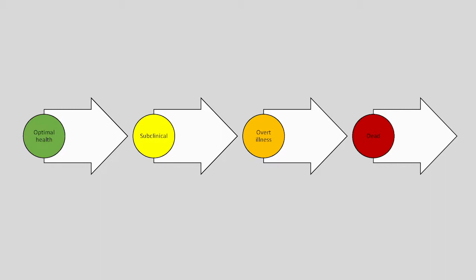So we have a continuum in any population between optimal health, which is where we want the bulk of our population, and dead animals, right? That seems pretty obvious. The challenge is that in this spectrum, we also have animals who will be overtly ill, and that is typically the tip of the iceberg as far as what animals in that population might be subclinically affected.